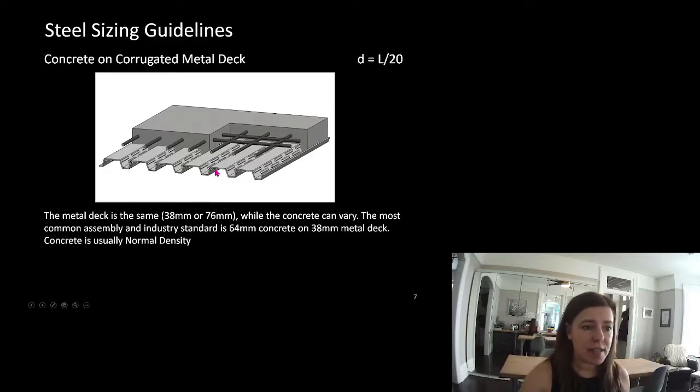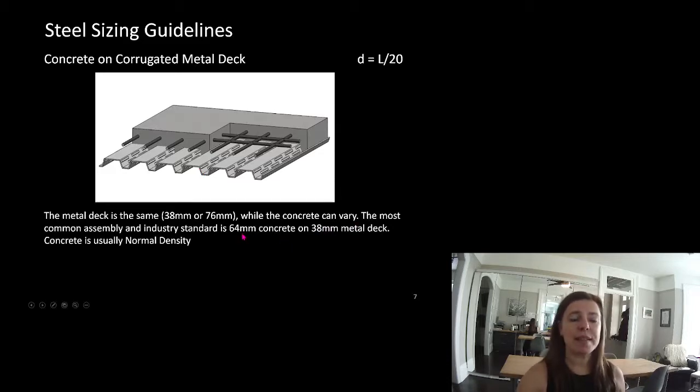So this is our 38 millimeters right here, and this depth can vary. We always talk about the depth of the concrete from the top of the metal deck to the top of the concrete. I am acknowledging that there is concrete in the flutes. I am not saying there is not concrete in there, but that's not the depth we're talking about.